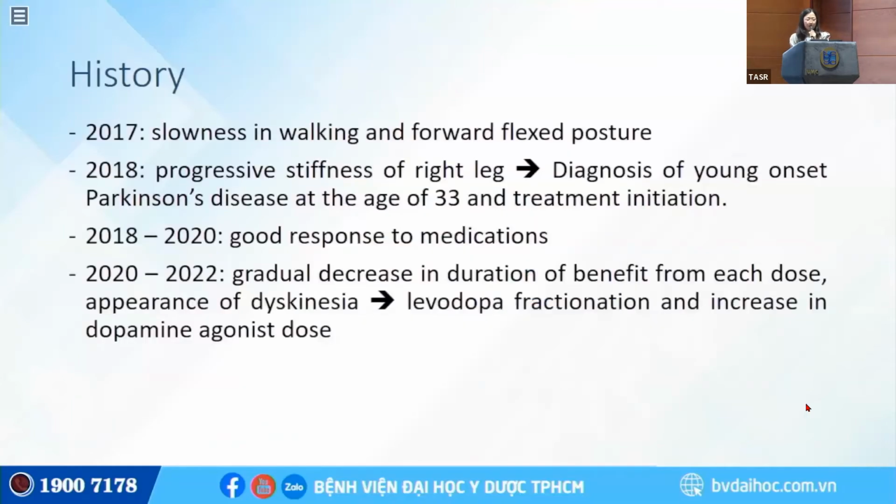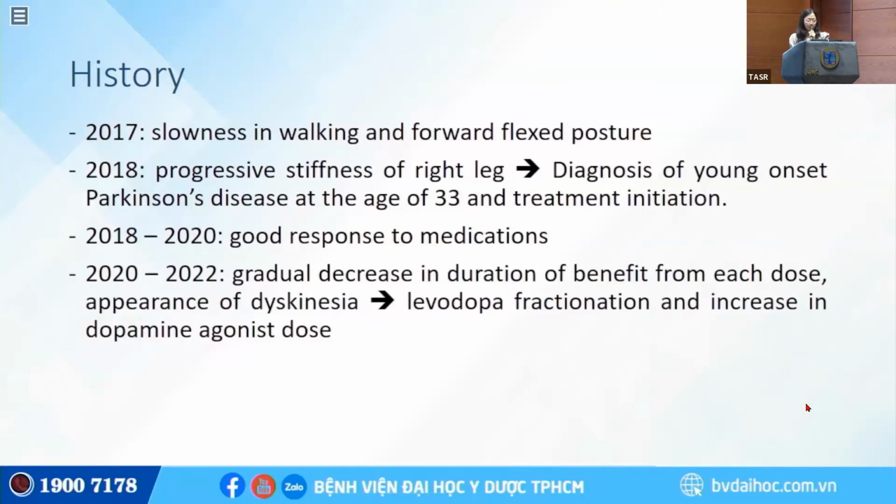In more detail, in 2017, the patient initially noticed his slow walking and forward flexed posture. 8 months later, he experienced progressive stiffness in his right leg. At that time, he got a diagnosis of young onset Parkinson disease and received treatment.